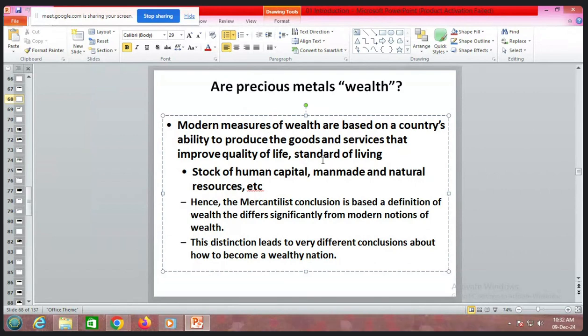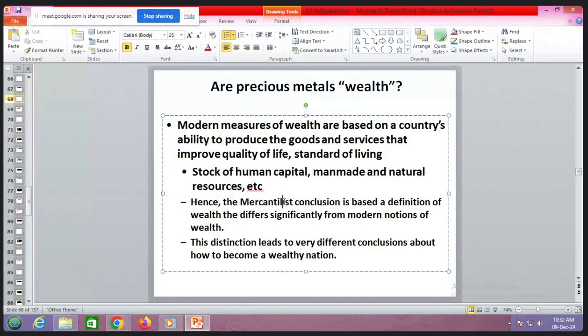Precious metals are not the only criteria for wealth. Today, we say that it is goods and services, improvement in the quality of life, standard of living, stock of human capital, man-made natural resources, all these are modern measures of wealth.